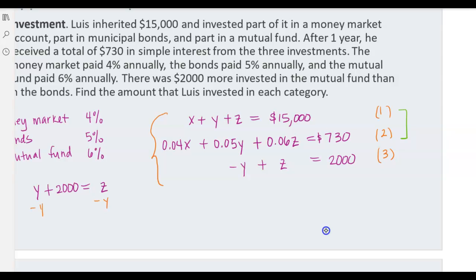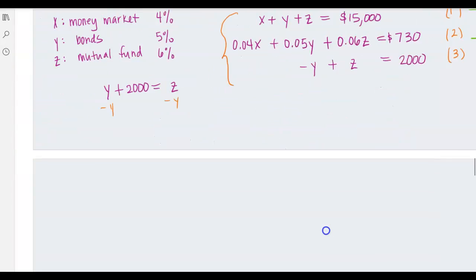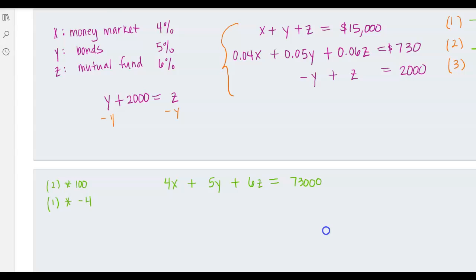I'm going to take equation 2 and multiply everything by 100 just to get rid of those decimals. That'll give us 4x plus 5y plus 6z equals 730, and add 2 zeros. And then I'll take equation 1 and multiply it by negative 4, so that I can get rid of the x variable.